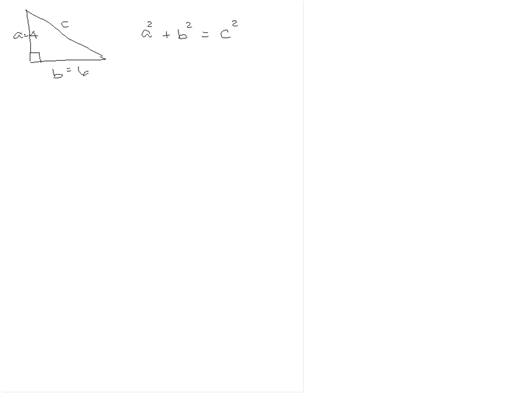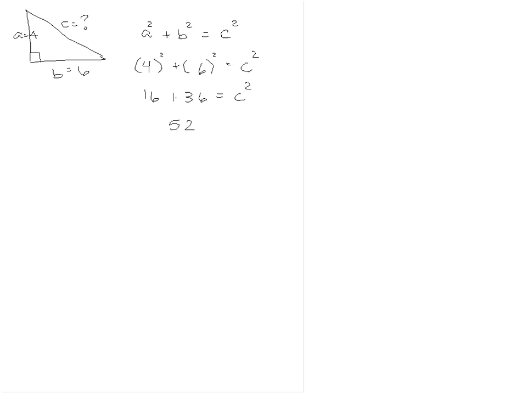Okay? So if I told you that A was equal to 4 and B was equal to 6, and I wanted you to find C squared, then I would put 4 and 6 in for A and B. Okay? So you have 4 squared, which is 16, plus 6 squared, which is 36, equals C squared.